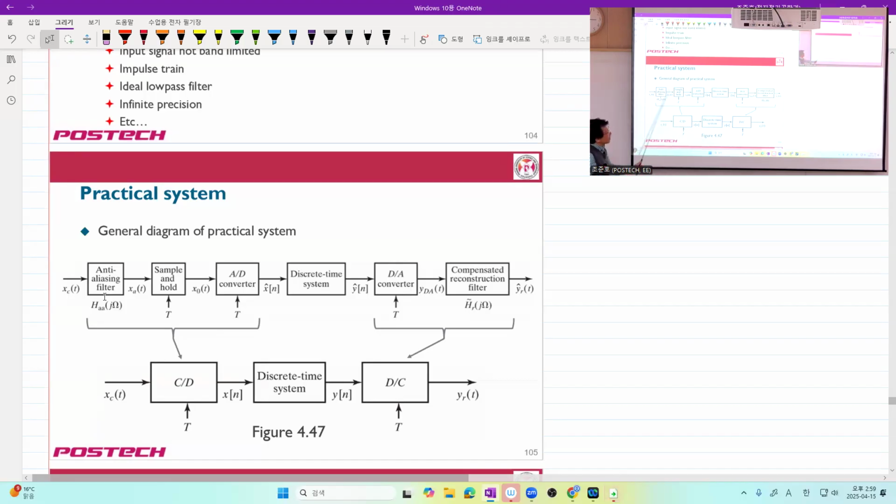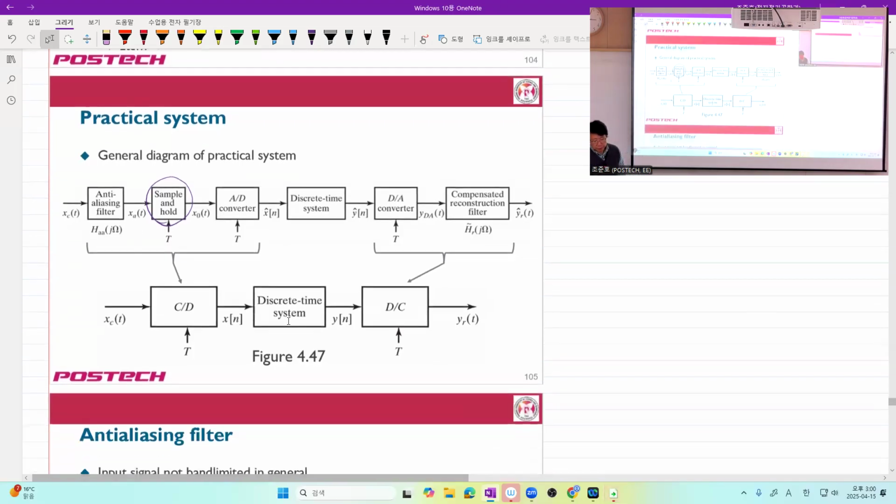Anyway, this is a kind of practical implementation, but not always. This is a kind of example. Got it? And here, sample and hold is an intermediate procedure to have an analog signal to an analog but discrete level signal. Got it? And we have an A to D converter, which really converts an analog sample to a finite length of bits.